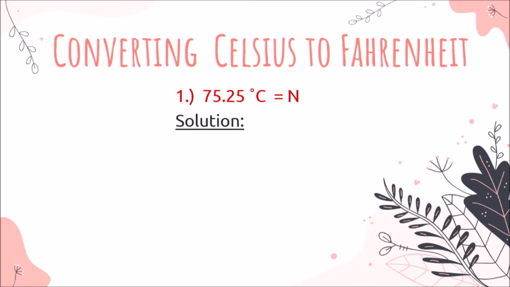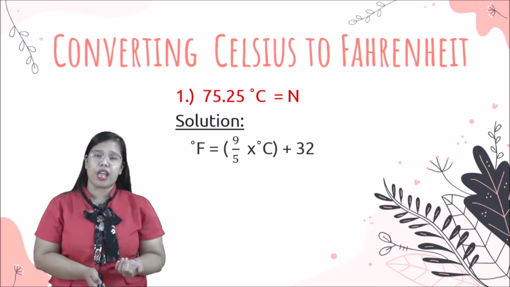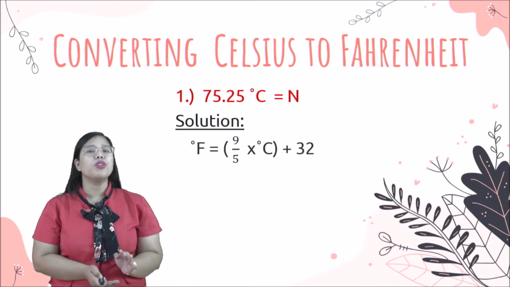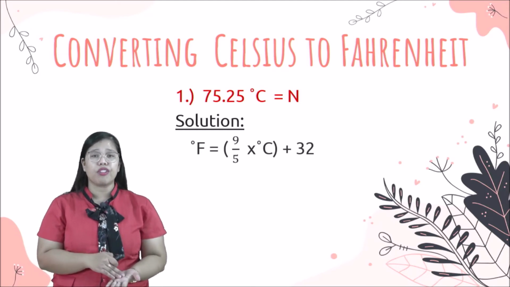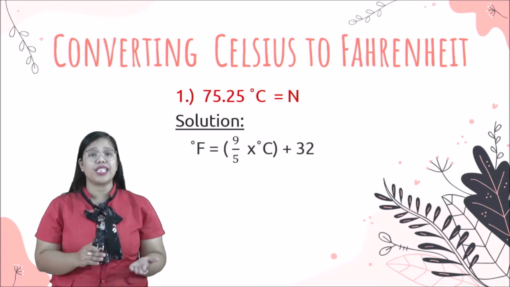Again, kids, the formula for degrees Fahrenheit is 9 over 5 times degrees Celsius plus 32. Always remember, kids, that in converting Celsius to Fahrenheit, we need to substitute the given. So we will just copy 9 over 5 times and then substitute the value of degrees Celsius, which is 75.25.